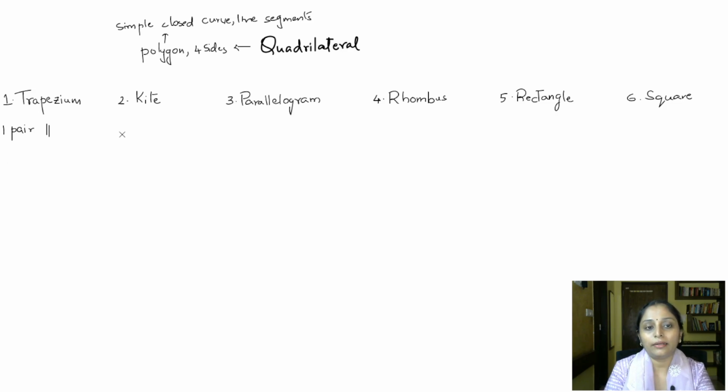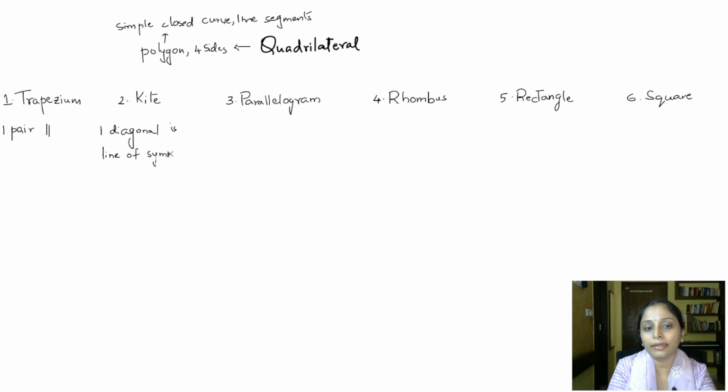Now for kite, the definition they have given was you have two distinct pairs of consecutive sides of equal length, right? But then I tried to give a different, clearer definition, that is one diagonal is the line of symmetry for the quadrilateral.